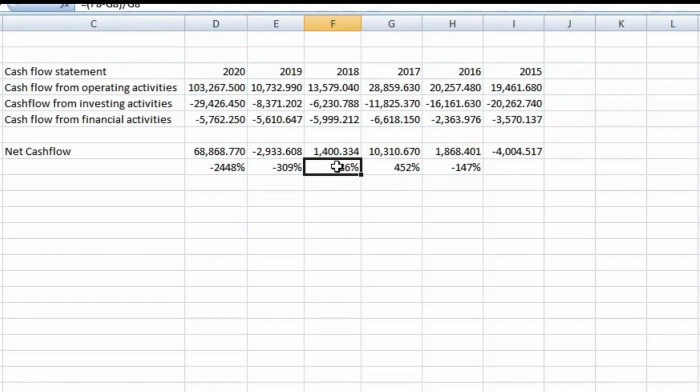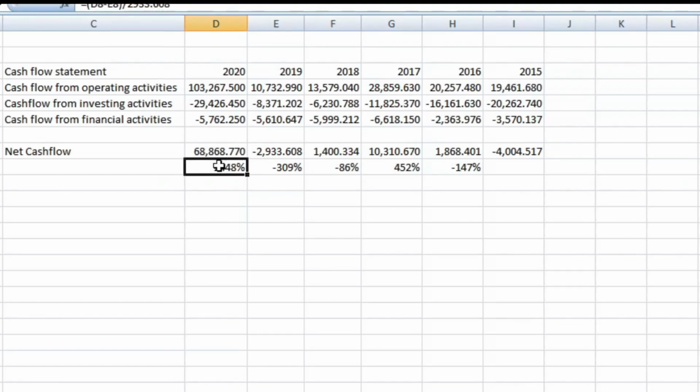By 86%, even worse. In 2019, by 308%. In 2020, the net cash flow of the Royal Bank of Canada grew by 2,048%. This is staggering, from losing in 2019 to gaining in 2020.